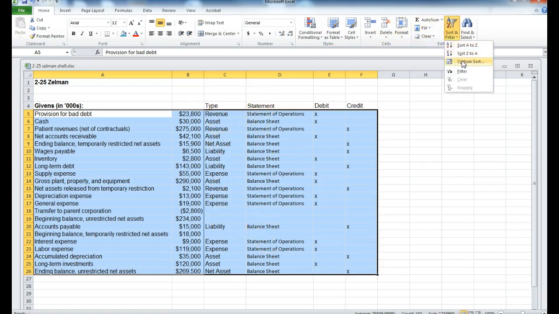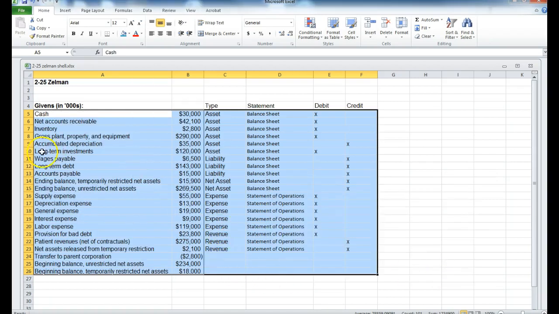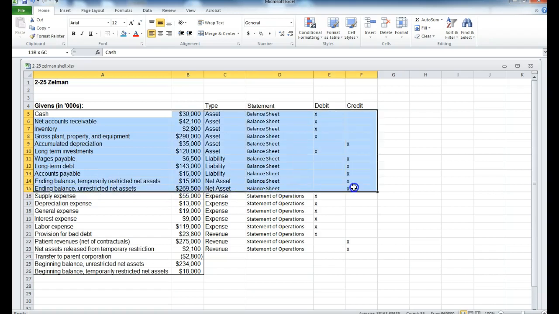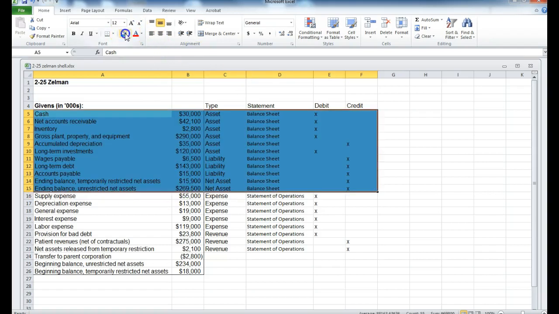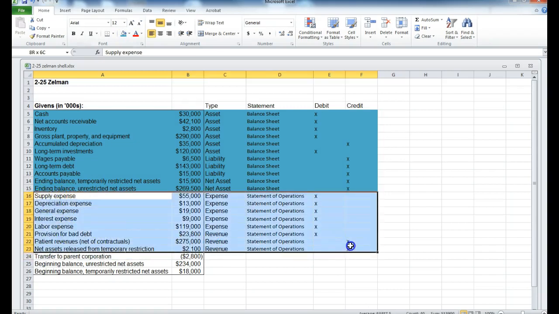And so we're going to do a custom sort, and we're going to do 2 levels because we're going to first sort by the statement, column D, and then we're going to sort by the type, column C. So here we have all of our assets and liabilities and net assets. This is going to be our balance sheet. And then here we have our statement of operation accounts.